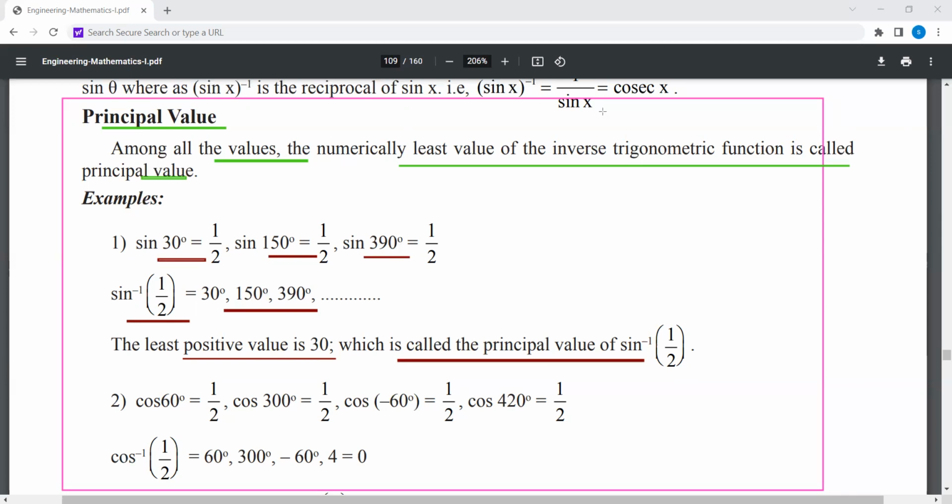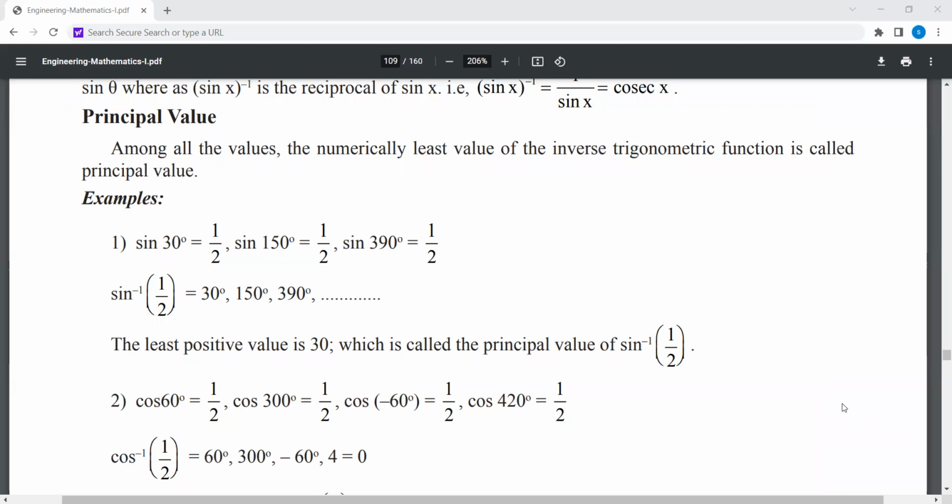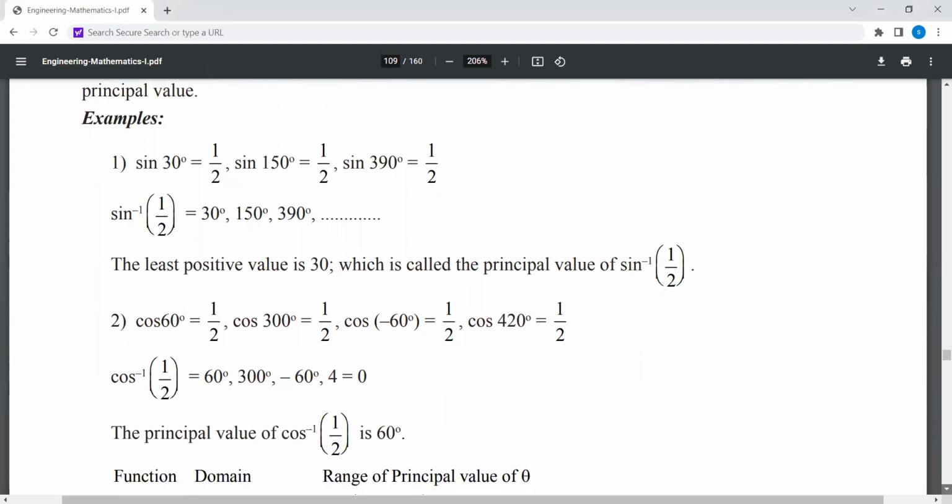Principal value means the least value of the inverse trigonometric function.